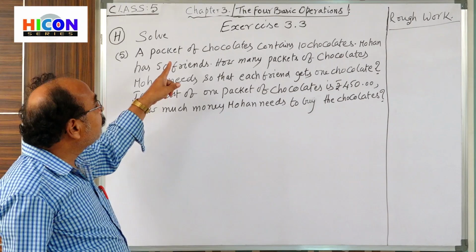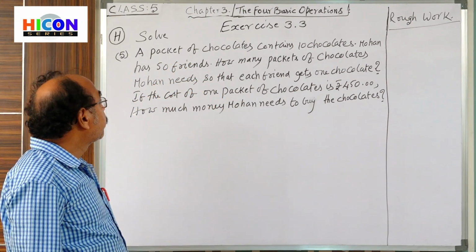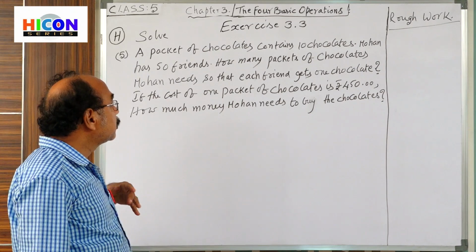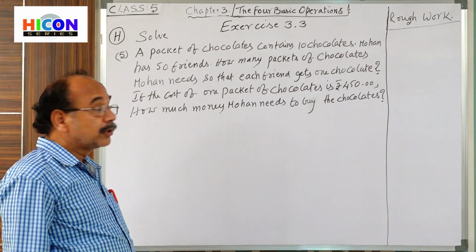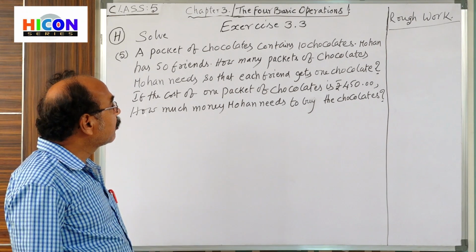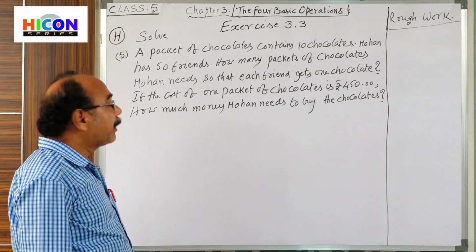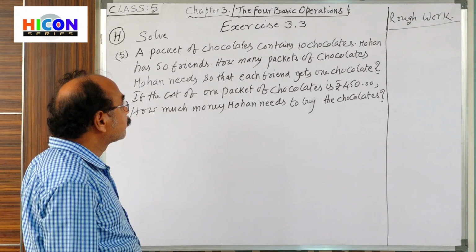In each and every packet, how many chocolates are there? 10 chocolates are there. So each packet contains 10 chocolates. So number of chocolates in each packet, 1. So that point you write here.